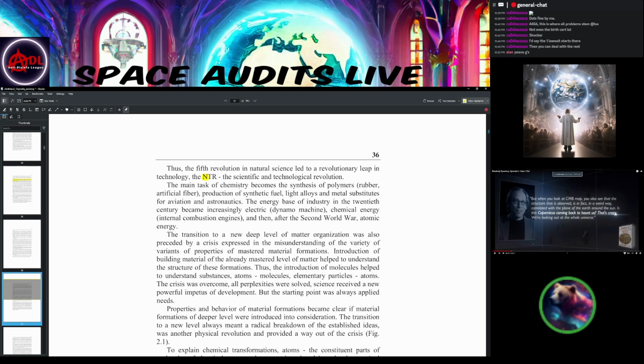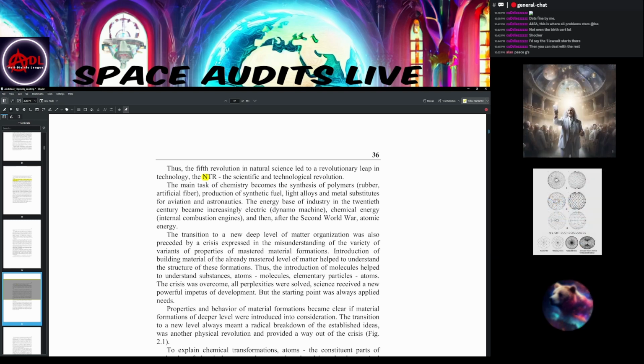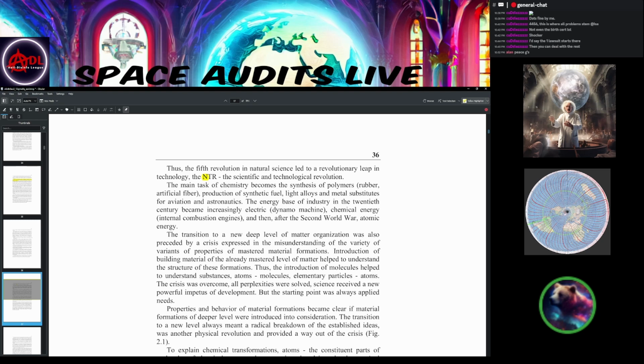The main task of chemistry becomes the synthesis of polymers, rubber, and artificial fibers, production of synthetic fuel, light alloys, and metal substitutes for aviation and astronautics. The energy base of the industry in the 20th century became increasingly electric.